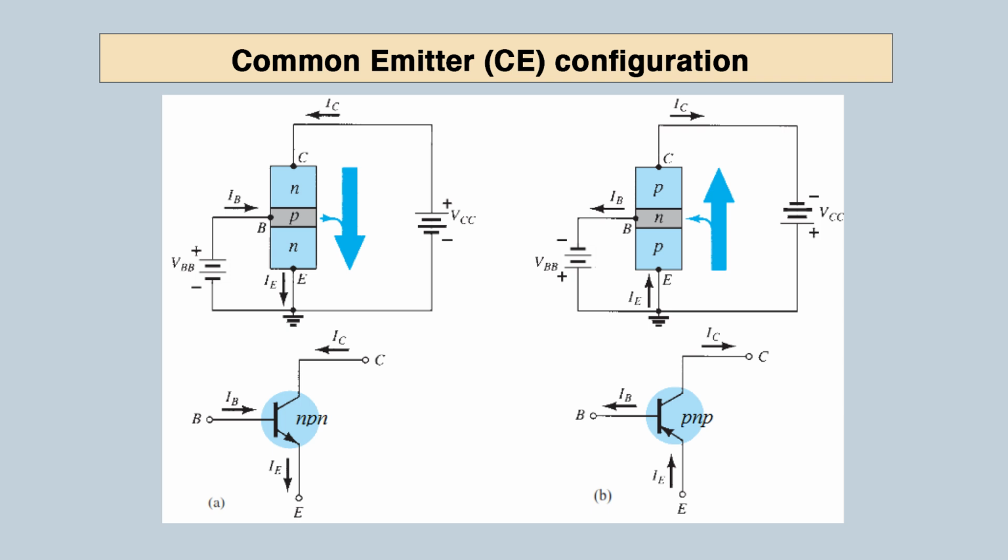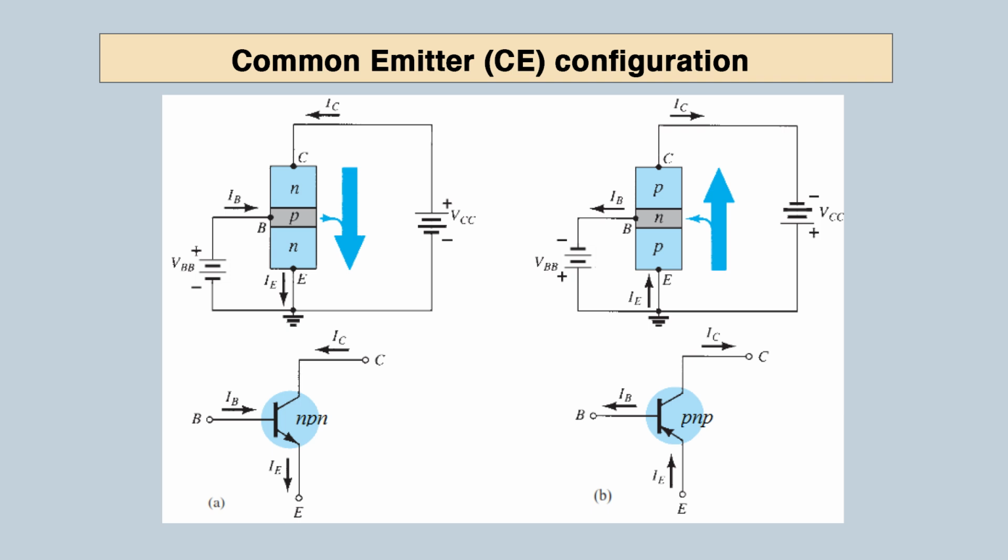That means the base terminal and the common emitter terminal are known as the input terminal, whereas collector terminal and common emitter terminal are known as the output terminal. In common emitter configuration, emitter terminal is grounded. So, the common emitter configuration is also known as grounded emitter configuration.